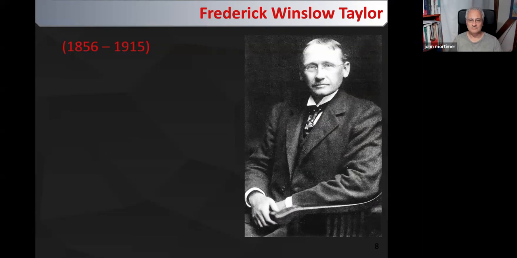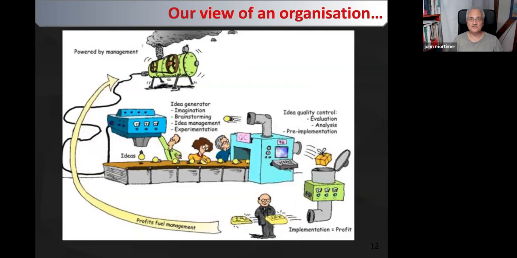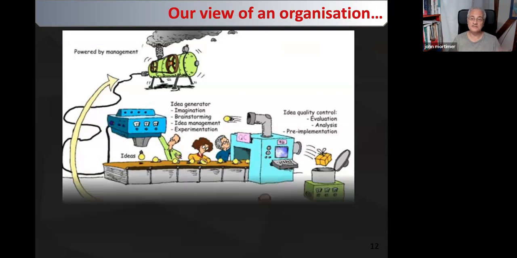So it's not quite so innovative and young as we think. So what that did is create an organization that in the mind of a designer or a manager looks a bit like a machine. It's got inputs, it's got people that do things in the middle, and it's got outputs. And to make it simple, we see it as a machine, and we typically fit people into roles into that machine.